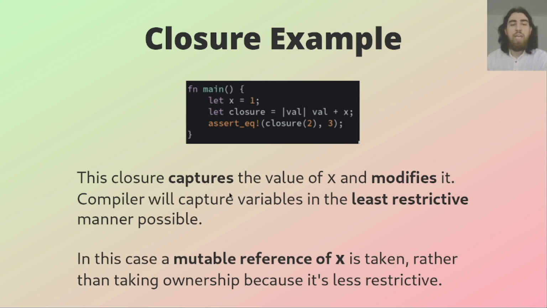So this closure captures the value of x and modifies it. The compiler will capture variables in the least restrictive manner possible. In this case, a mutable reference of x is taken rather than taking ownership because it's less restrictive.